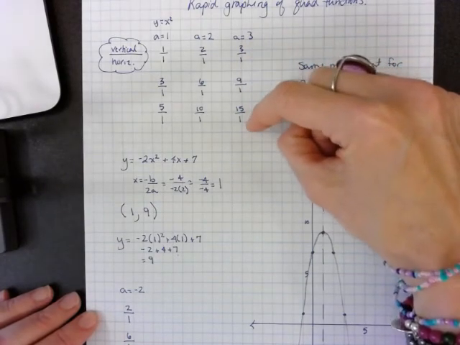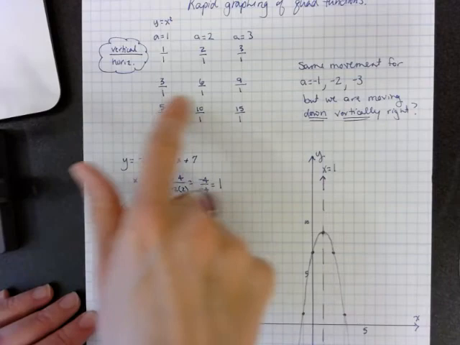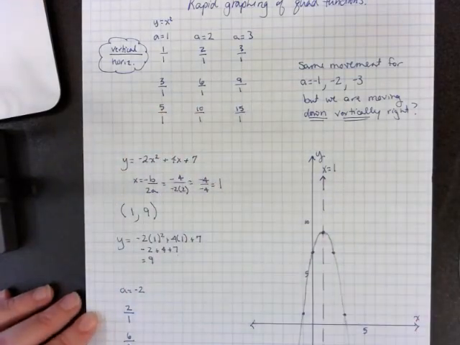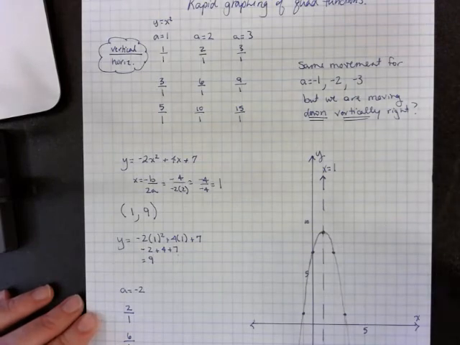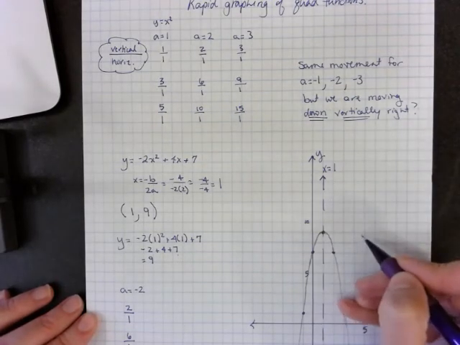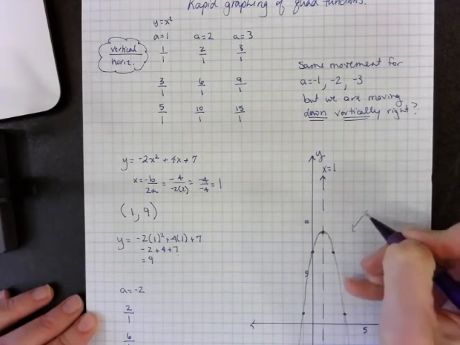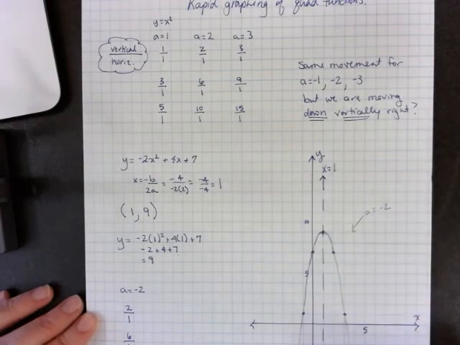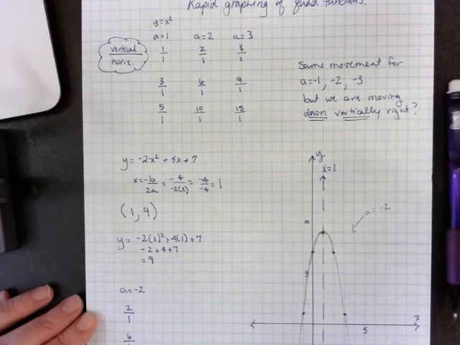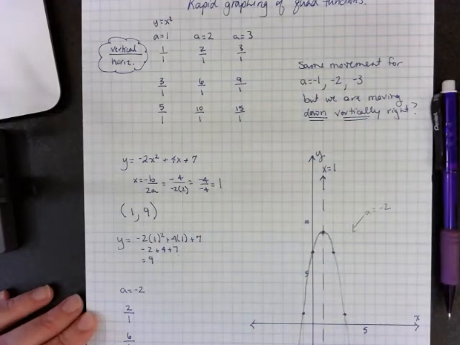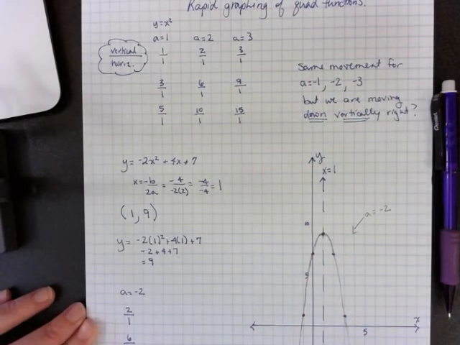Now, most likely you're not going to be moving these guys. If you can, but you don't have to. And don't forget, if the A is negative, we have to be looking down. This is when A is negative 2. If A was positive 2, this would be looking up if it had the same vertex, which I would have to get a completely different equation for.